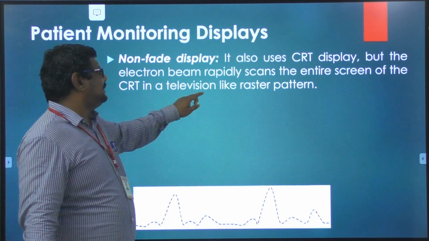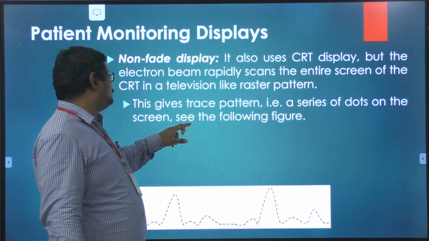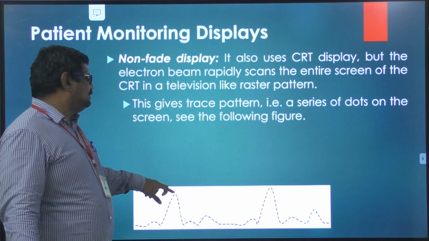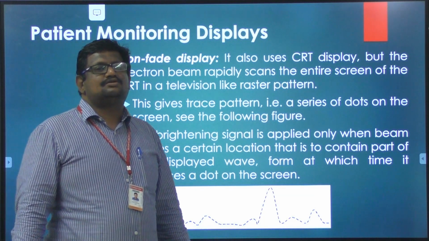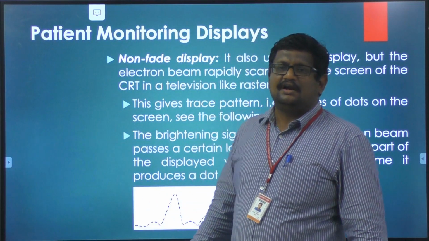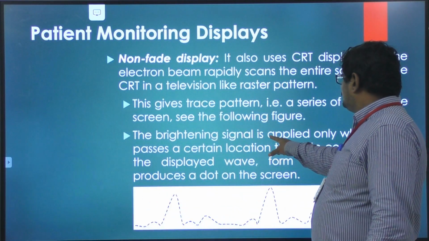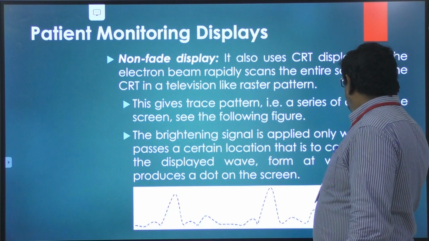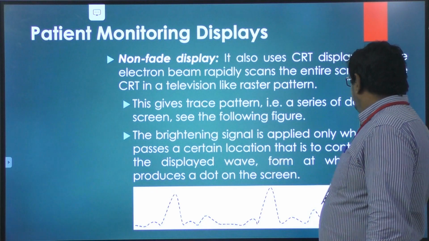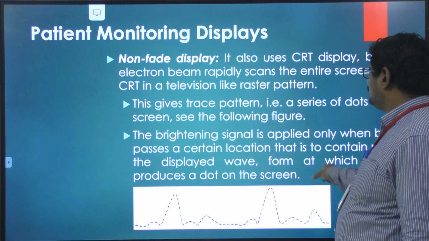In a television like raster pattern, a series of dots on the screen can be seen as shown in the following figure, so that we can understand the particular ECG or any other type of waveform. A brightening signal is applied only when the beam passes a certain location that is to contain part of the display wave, at which time it produces a dot on the screen.